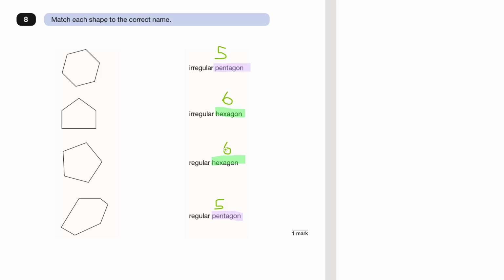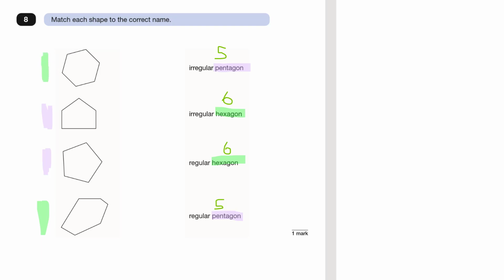So if I look at my purple, the 2 5-sided shapes, we just count. 1, 2, 3, 4, 5, that is a pentagon, and 1, 2, 3, 4, 5, that is a pentagon. And if I look at my hexagons, 1, 2, 3, 4, 5, 6, that's a hexagon, and 1, 2, 3, 4, 5, 6, that's a hexagon.